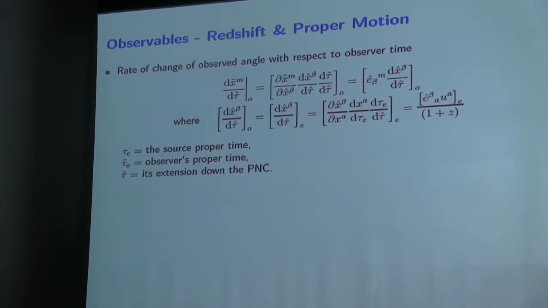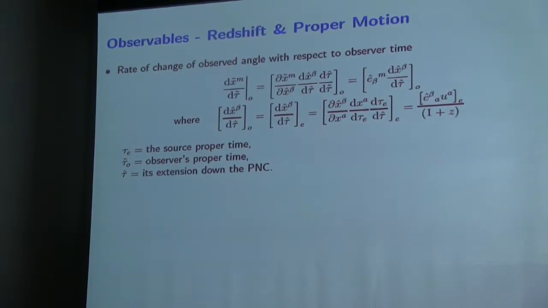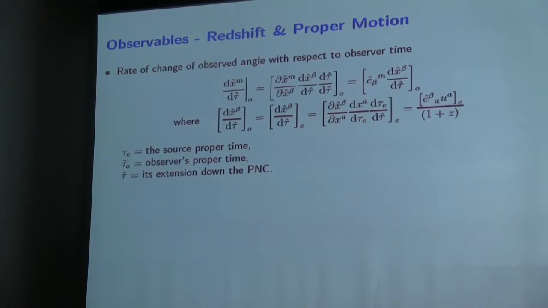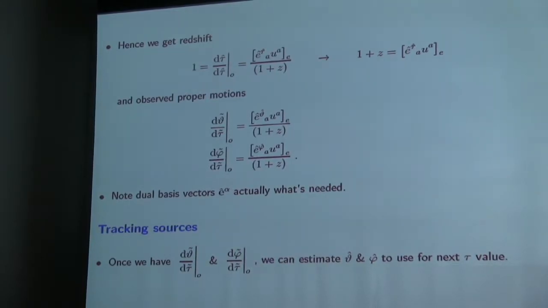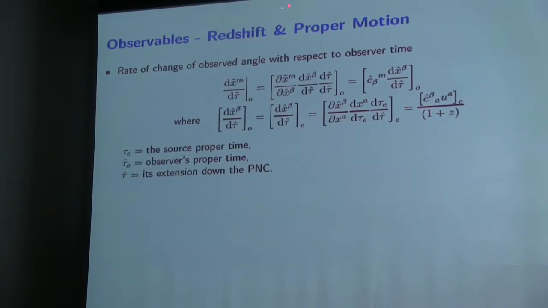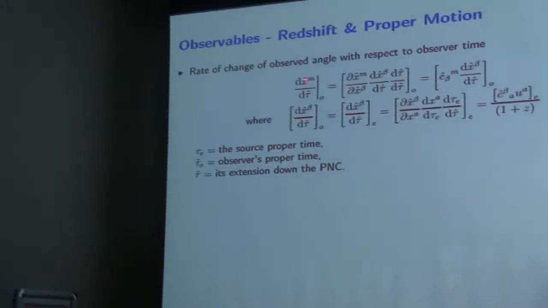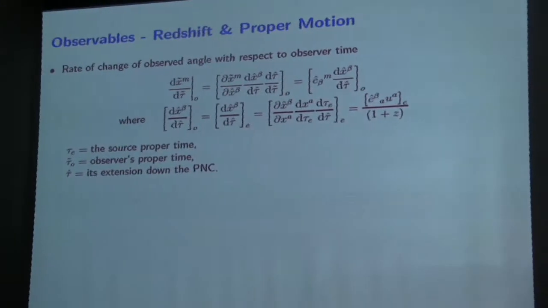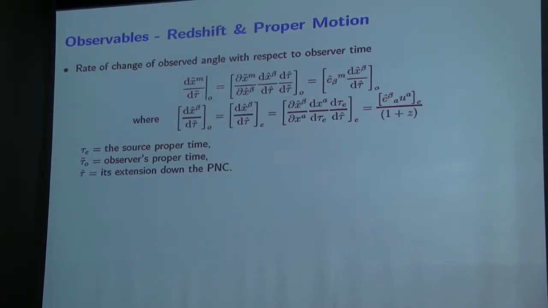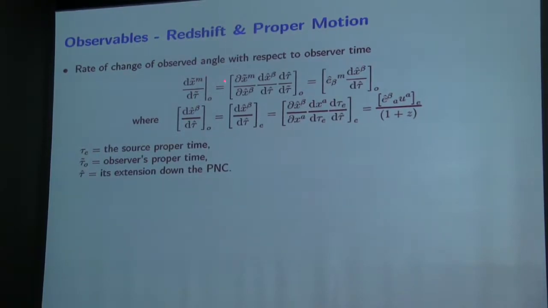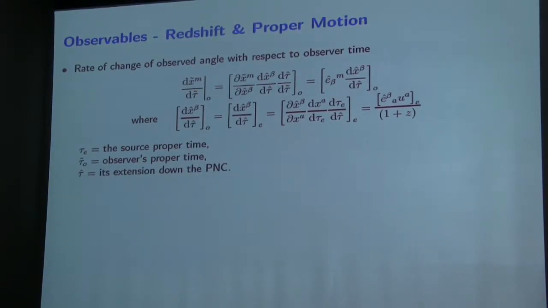Okay, now we come to observations that we can get out of this. There we go. So, the rate of change of your observer orthonormal frame coordinate. So this is your observer's basis with respect to observer time. We expand that with the chain rule in terms of the hat basis vectors.